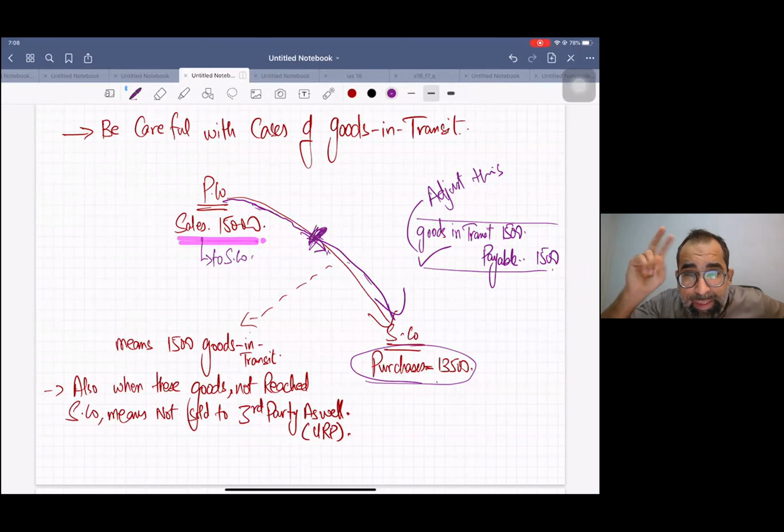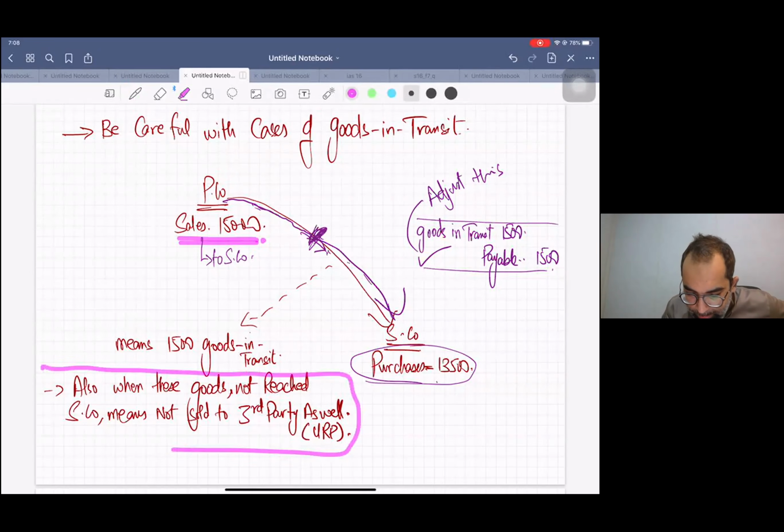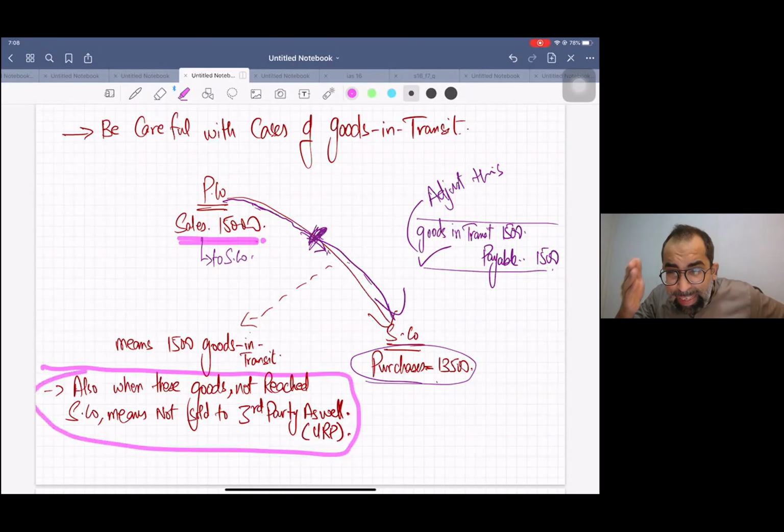Now use your brain. Second thing, just read this line. As these goods have not reached S company by the year end, definitely these goods have not yet been sold to a third party by the year end.